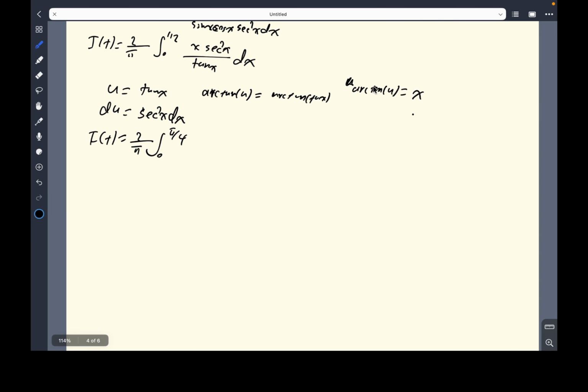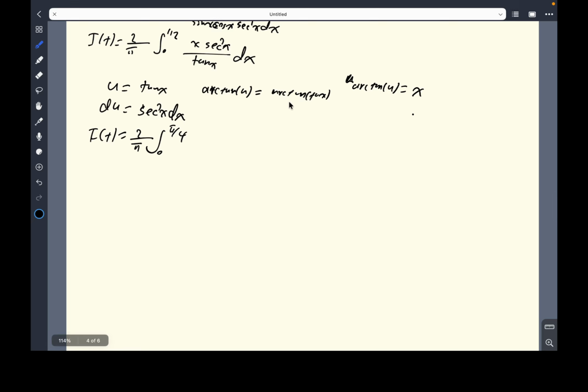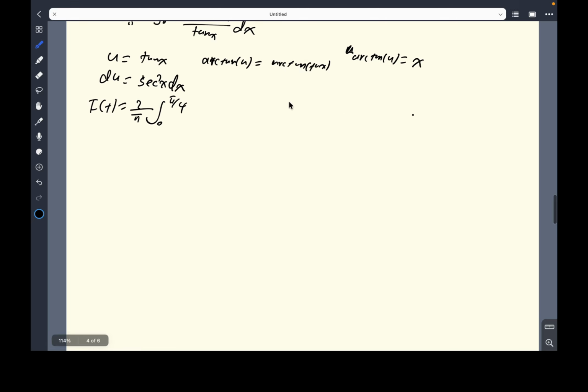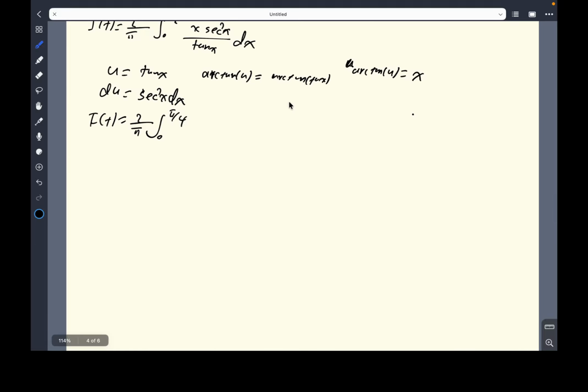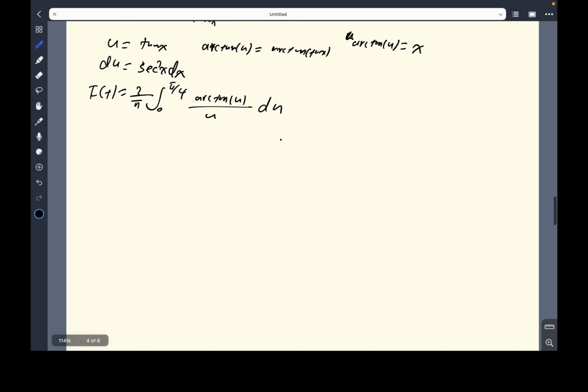Thus, x is equal to arctan of u, and our whole thing here simplifies to arctan of u over u du, integrated with respect to u. So now what should we do here? If you try to solve this integral, you're going to reach a new problem.